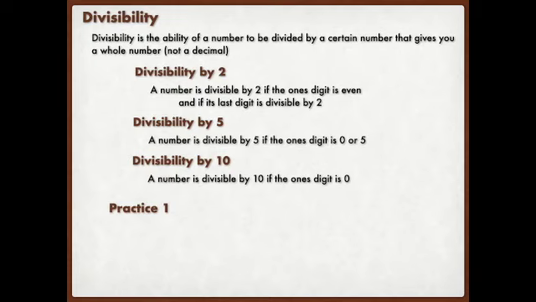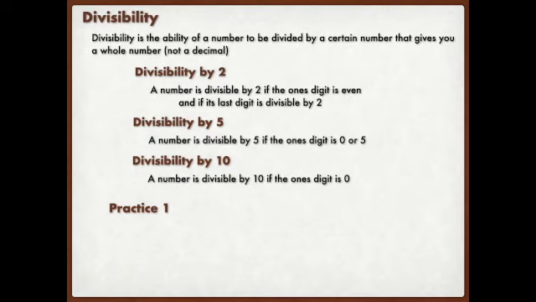Divisibility by 2. A number is divisible by 2 if the ones digit is even. So if it's 2, 4, 6, 8, 10, and that last digit can be divided by 2.